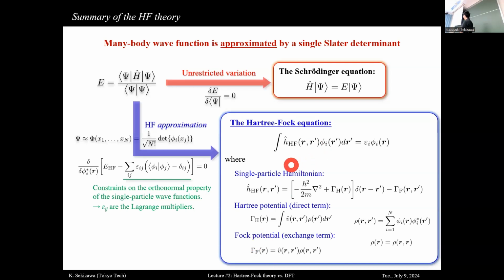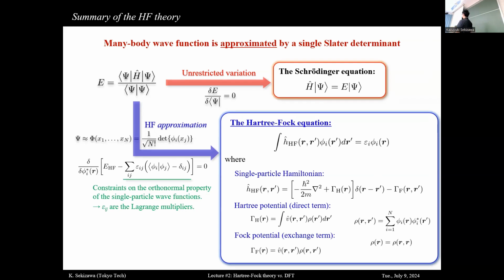As you can see, this provides you coupled integral differential equations. So you have single particle wave functions phi for several tens to hundreds of nucleons, right, to describe a nucleus. And this equation is for each single particle wave function.